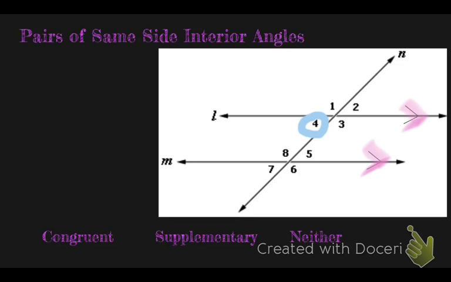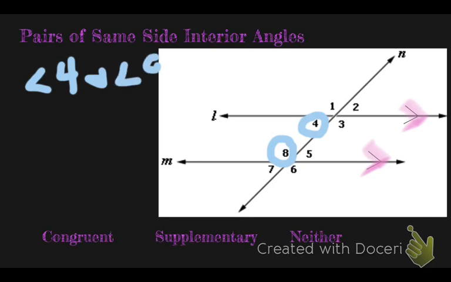Angle 4 is on the left side of the transversal, but inside of line L and line M. So its matching same side interior angle will be angle 8, which is also inside of lines L and M, but on the same side, the left of the transversal. So angle 4 and angle 8 are our first pair.